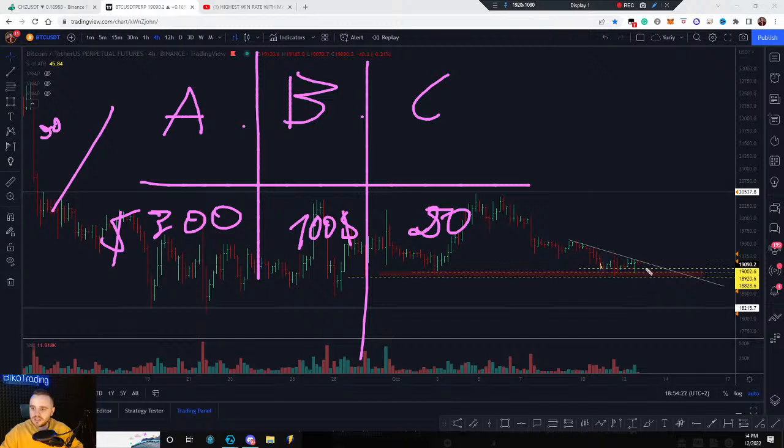An average idea is like this one. We have some volume at the bottom, we have volume that entered the market, but BTC is still in the middle of a range. That means it is not a great idea.